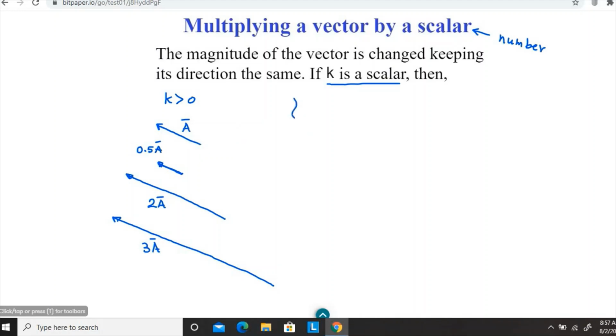The second case is when k equals 0. So that means we multiply our vector by 0. So then we are going to get 0 vector. So this is called the 0 vector or the null vector.